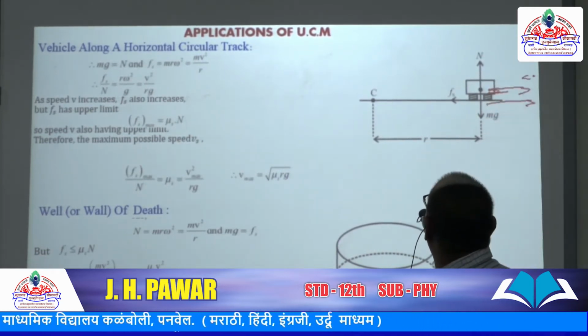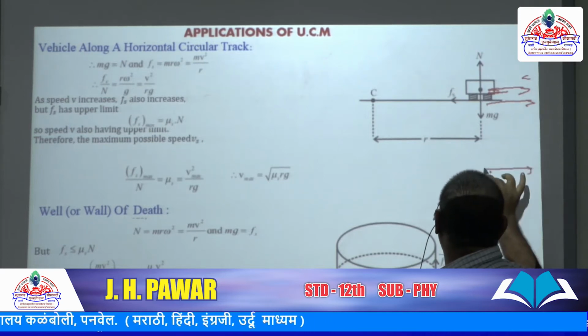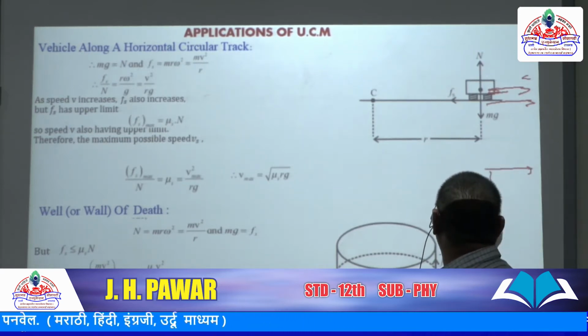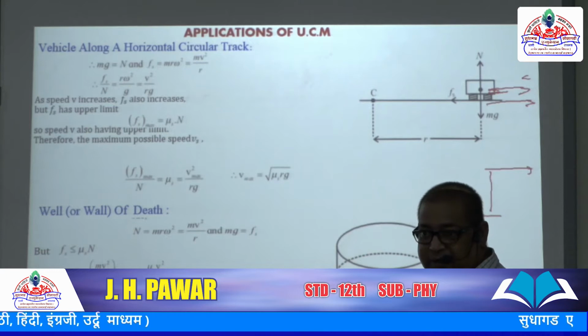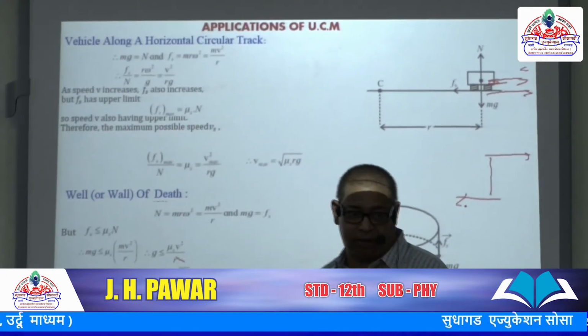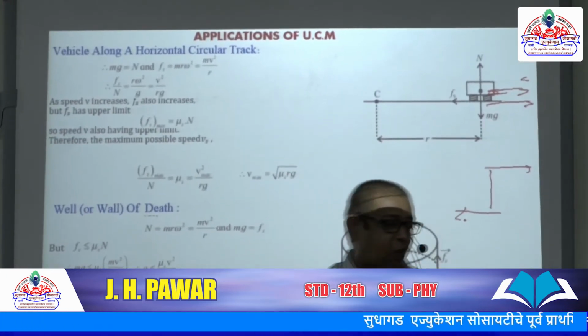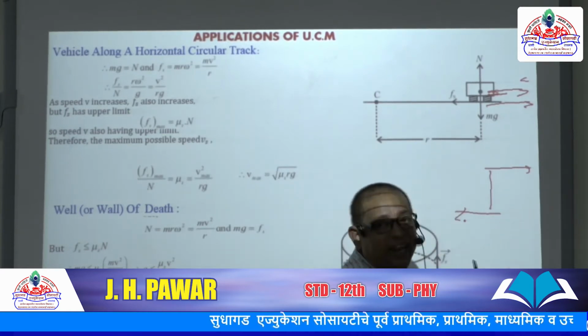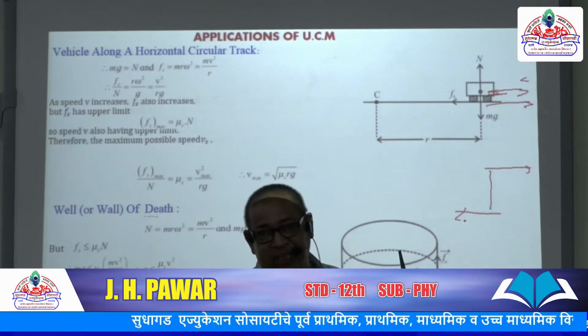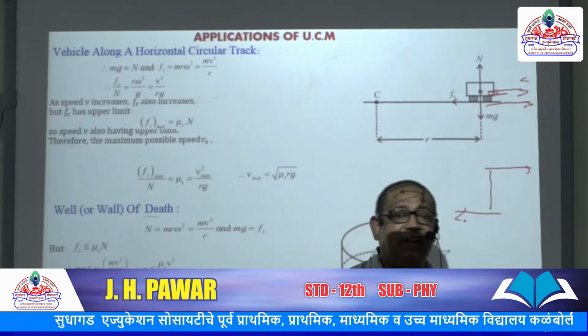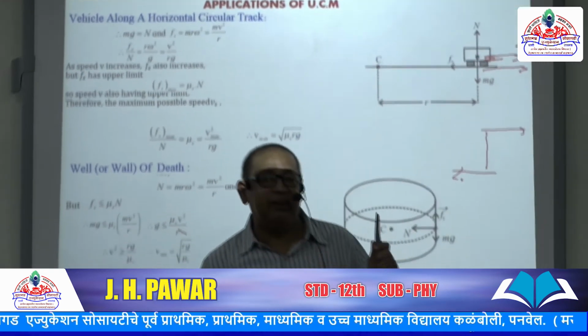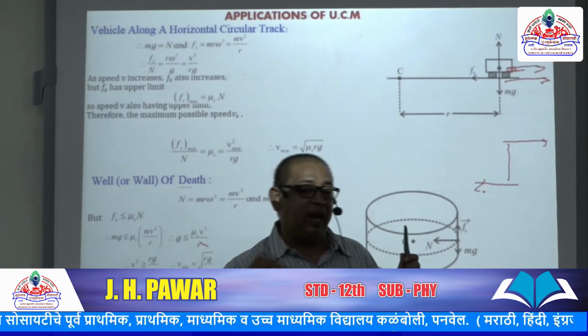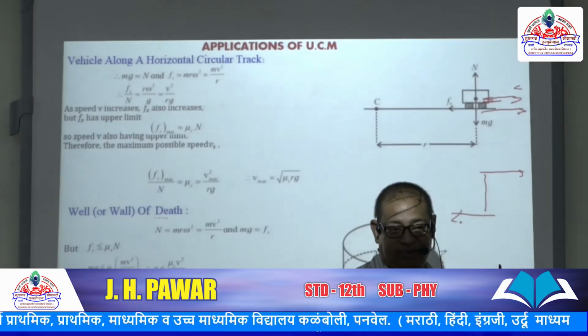Notable thing is that the centrifugal force is in this direction and the force of friction is in this direction. Then they produce a torque, and as they produce a torque, this vehicle gets toppled or falls down in the outward direction. Normally you see that when vehicles are loaded, they always fall down along the curved road.